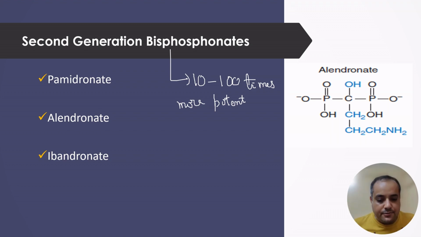If you look into this structure, you are going to see that the second generation bisphosphonates have a nitrogen atom attached to them. The drugs which come under second generation bisphosphonates are Pamidronate, Alendronate and Ibandronate.